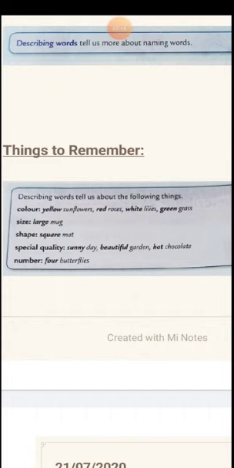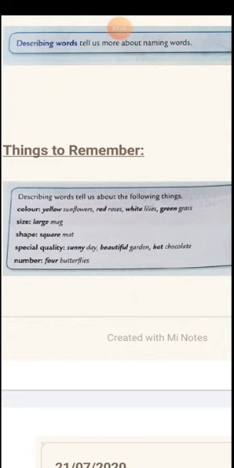So we say 4 butterflies. We don't say butterflies 4. That's wrong. So we have to use a describing word first and then the naming word. I hope you have understood these important points that you have to remember. So describing words tell us more about the naming words.